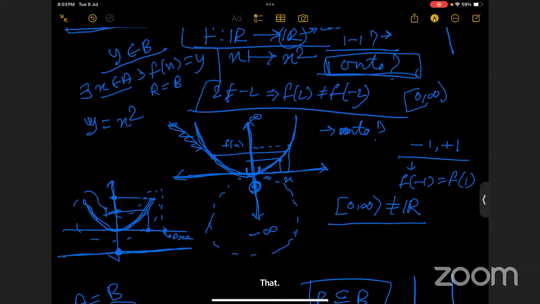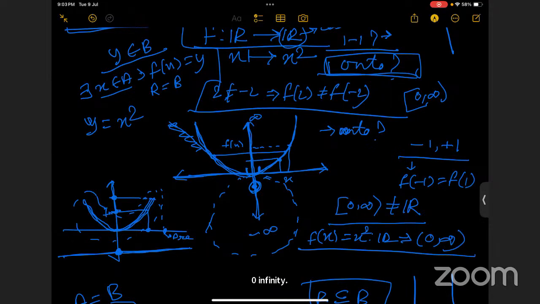If we take f(x) equals x square from R to 0 to infinity, is it a function?